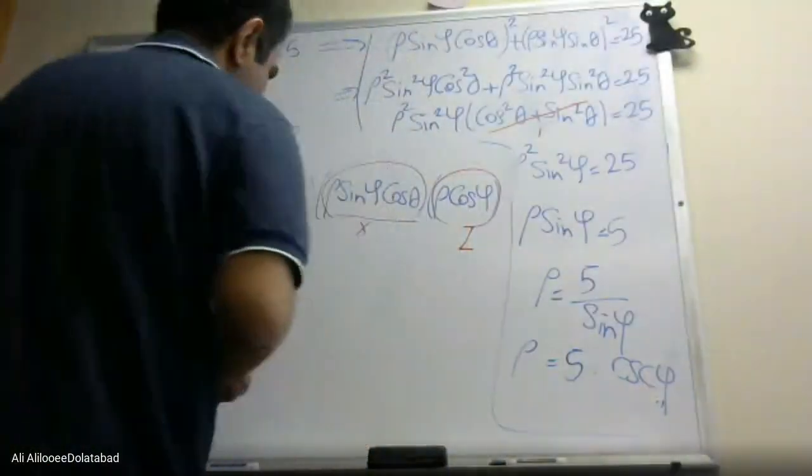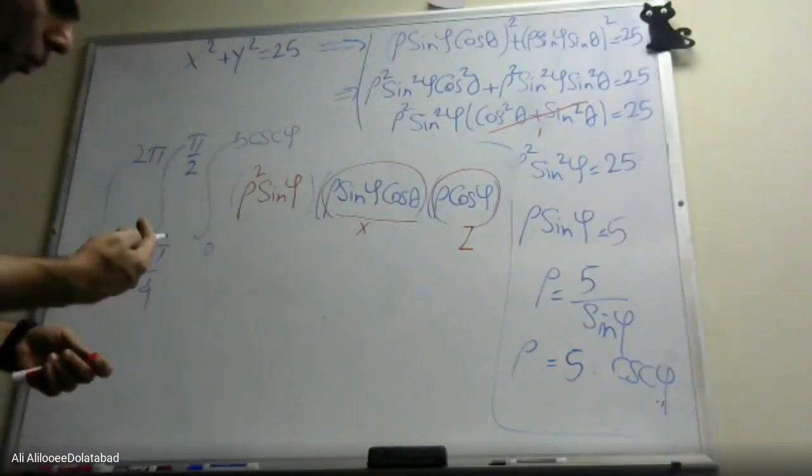So how many rho factors do we have? We have 4 here.